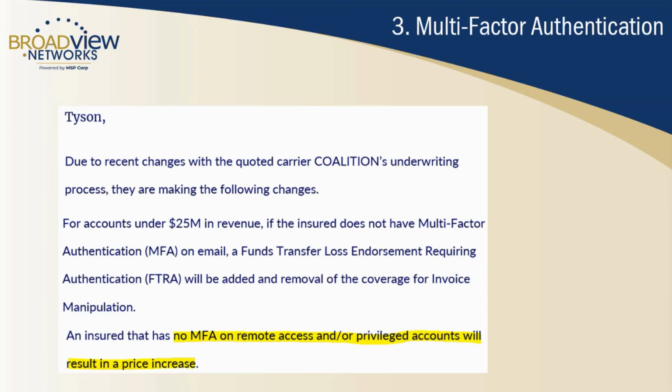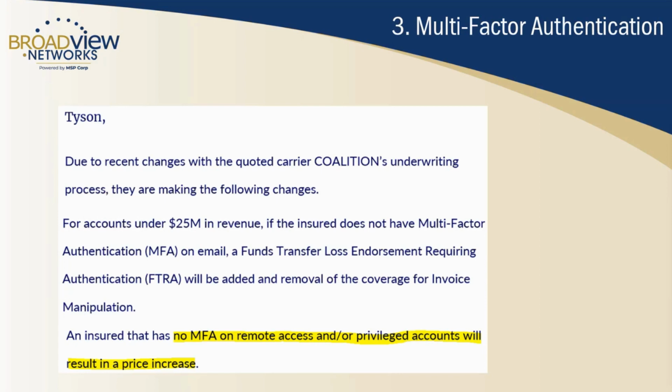So we're seeing MFA used in more and more areas, required in more and more areas, and we're seeing the requirements and complexity of that MFA, complexity may not be the right word, but the quality of that MFA increasing across the industry.